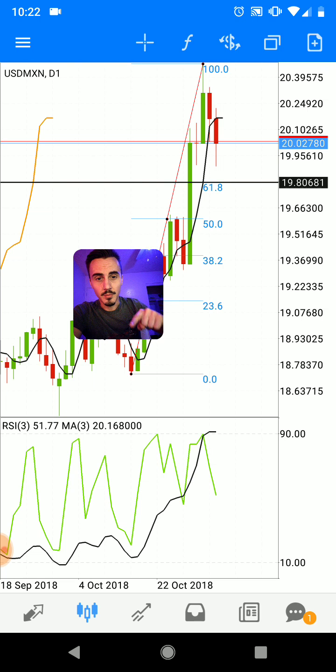And if it goes from 0 to 100 and then retraces down to 23 and goes past 23, it's a for sure thing, it's going to keep continuing down. That's my understanding of how most people use the Fibonacci's.